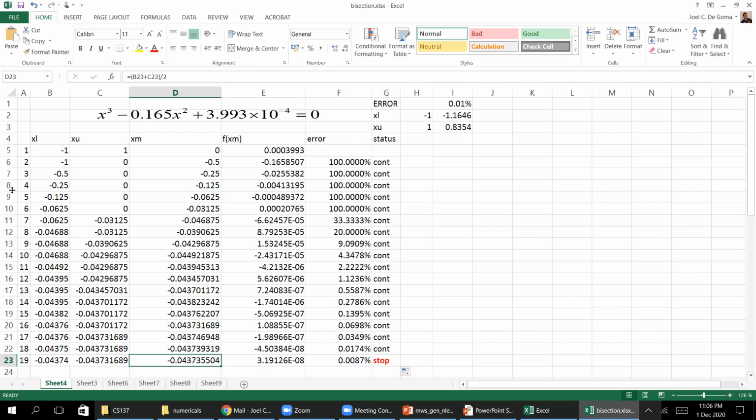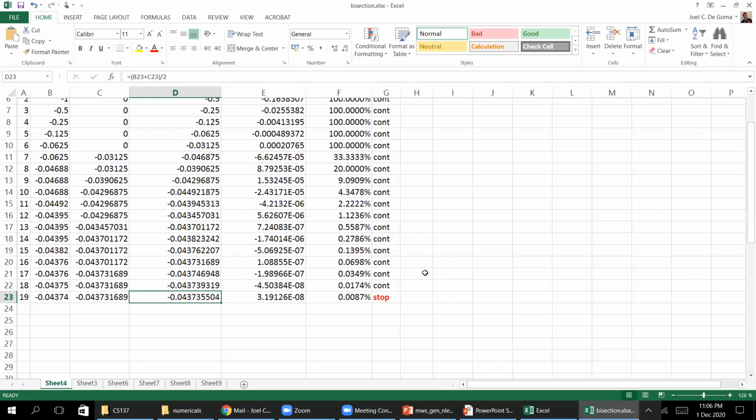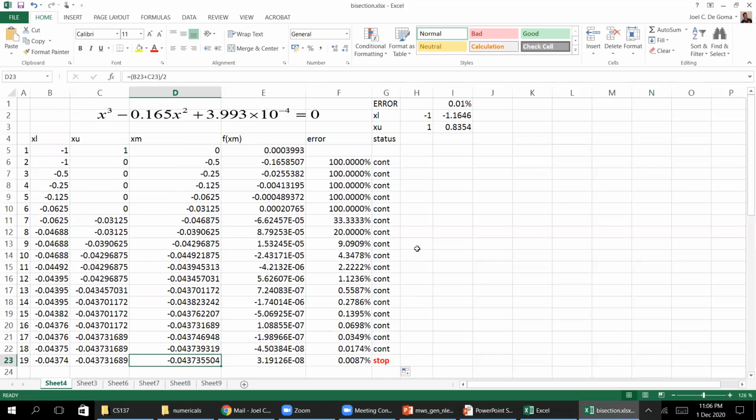As you can see here, to know if you have the correct answer, you're going to check if only a few numbers change when you iterate the solution. So it means the error is lessened.